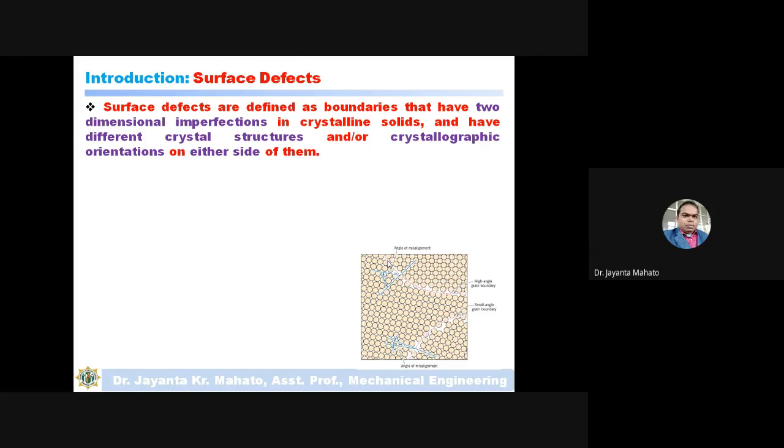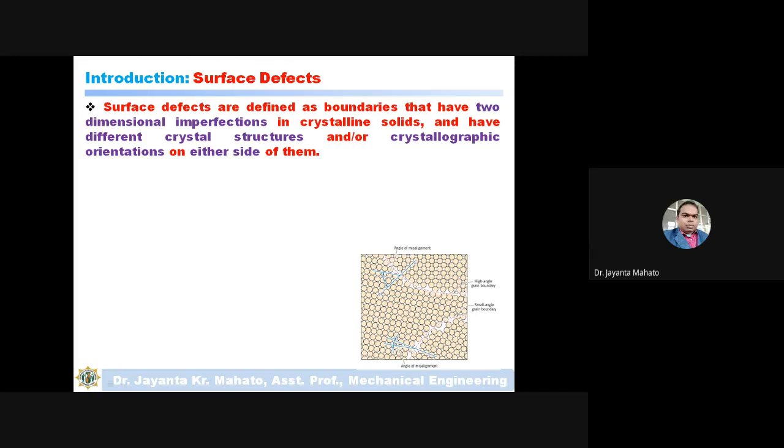All the atoms are oriented in not a proper way. Mainly in the case of a polycrystalline material, the orientation of atoms is not regular in all the sections.